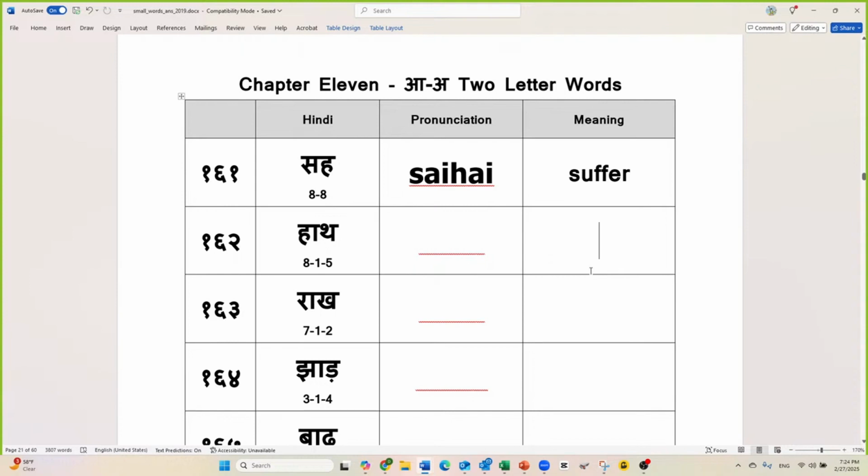Both of you all say seh. Now, what happens is when we have ha as the second letter, then we don't say ha, we say hey. This only happens when we have the ha as the second letter. Now, what do I mean by this? Let me explain a little more in detail.